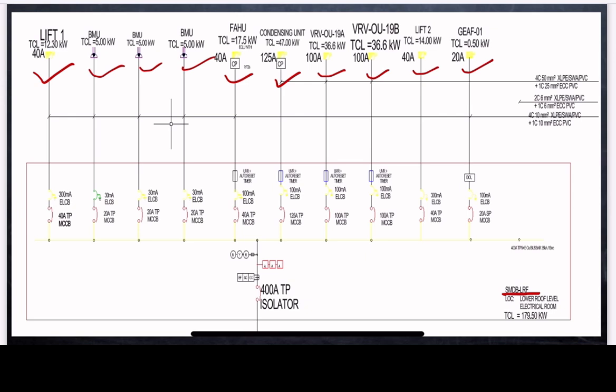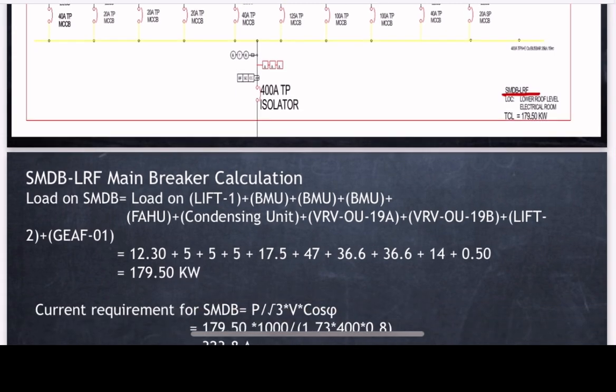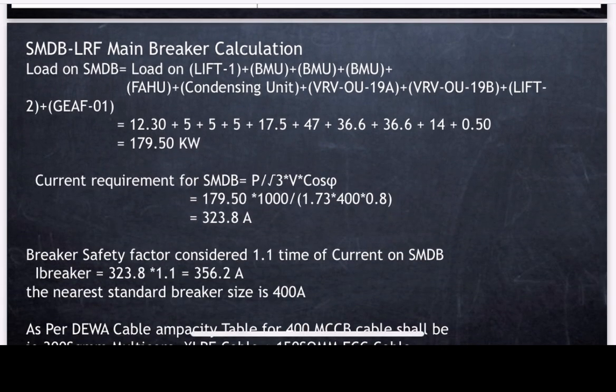You can use the earlier concept and design SMDB LRF also. I will find the total connected load on SMDB LRF by adding up all the loads connected with it: lift 1, BMUs 1, 2, 3, FHU, condensing unit, VRF units 19A, 19B and lifts.